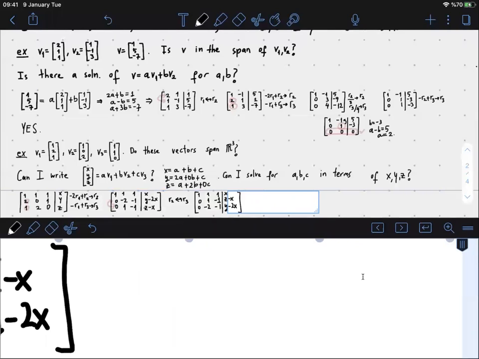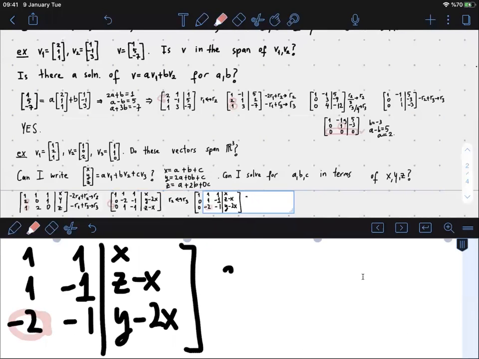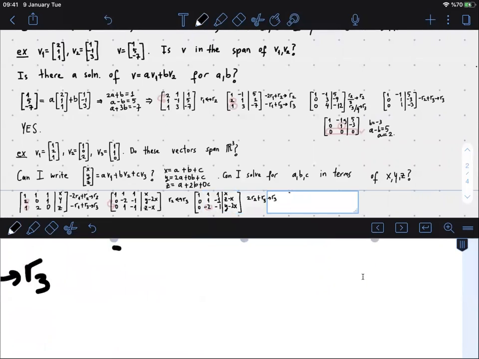Now, what is the final step? The final step is this. Now I'm trying to make this guy 0. To do that, I write 2 row 2 plus row 3, row 3 to row 3. If I do that, what do I get?